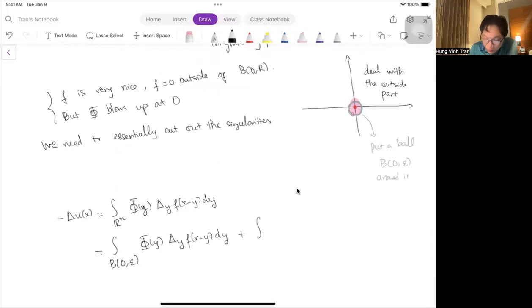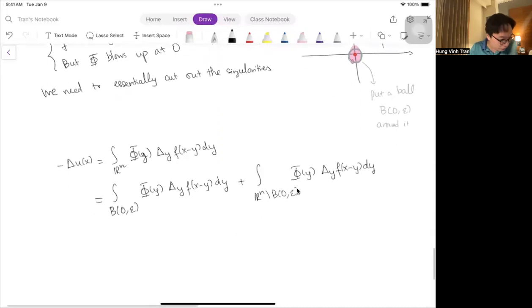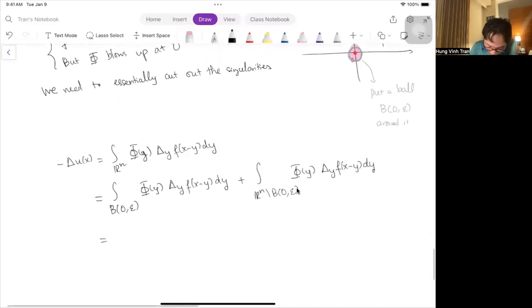And the second part is that we remove the singularity, right? Remove the blowing up part. So we put it into two pieces. Let me name the first one I of epsilon, the second one J of epsilon.